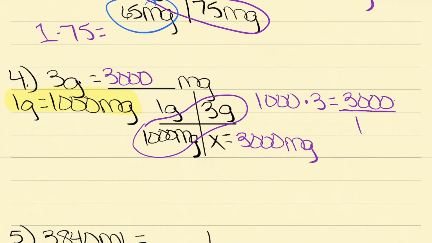So 3 grams equals 3,000 milligrams. This is also called a 1-to-1 ratio. So whenever you have 1-to-1 ratios, whatever it's asking for, that answer is going to be, well, no, I can't say that. Never mind. This is not a 1-to-1 ratio. This is a 1-to-1,000 ratio. So excuse me for that misconception. It's not correct.